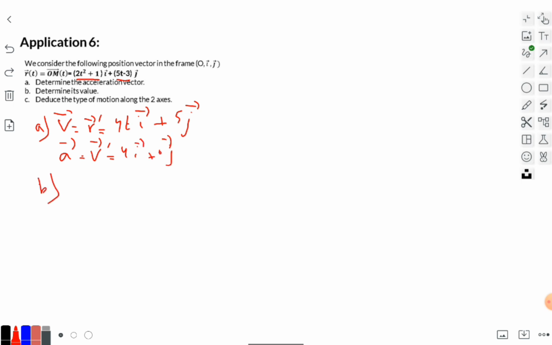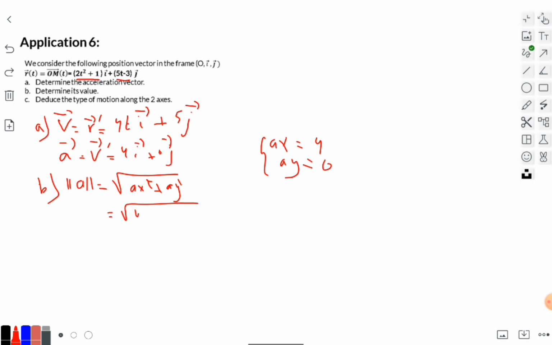Part B, determine its value. The magnitude of a is equal to radical ax square plus ay square. While ax is equal to 4 and ay is equal to 0. So we obtain radical 4 square plus 0 square, which is equal to 4 meters per second square.